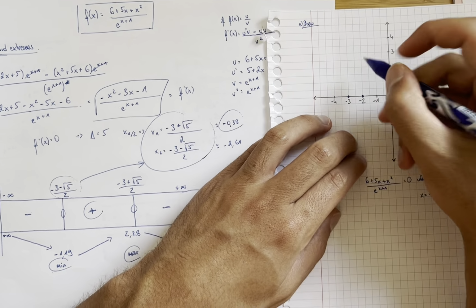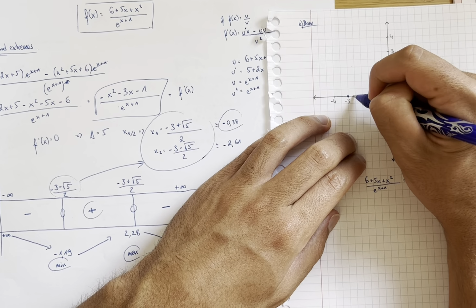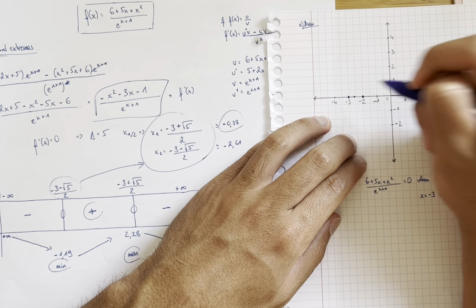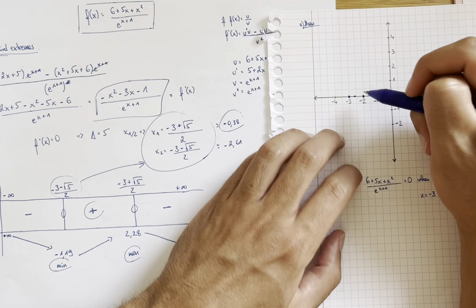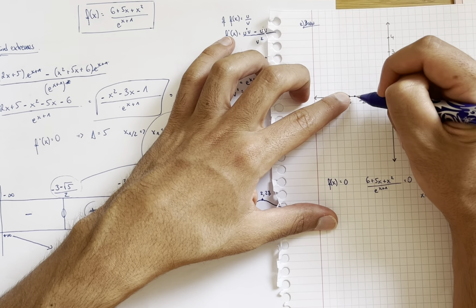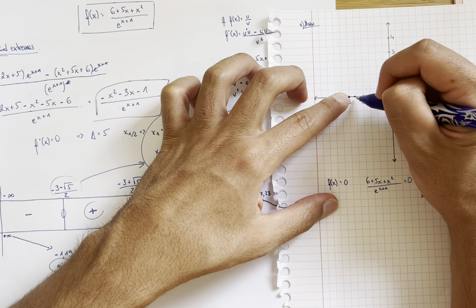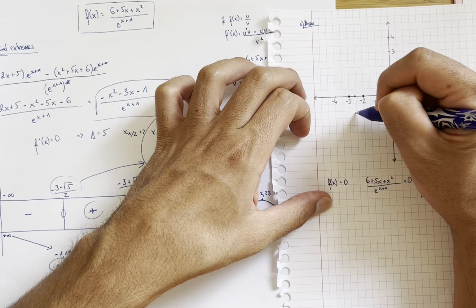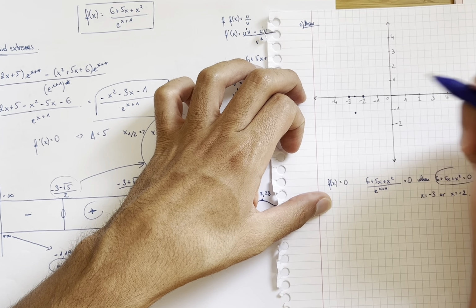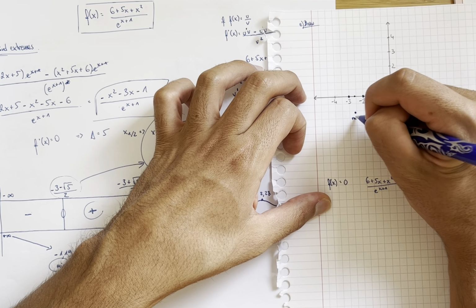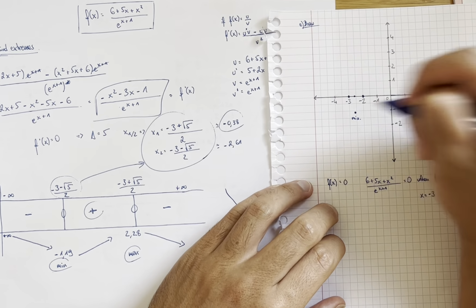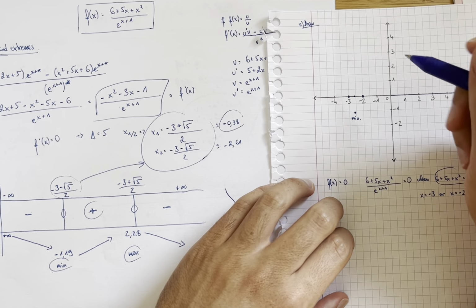So let's put this in. This is approximately minus 2.61, okay? And when we are at this point, the minimum will be minus 1.19, which is approximately here. This is the minimum of our function, this point, okay?